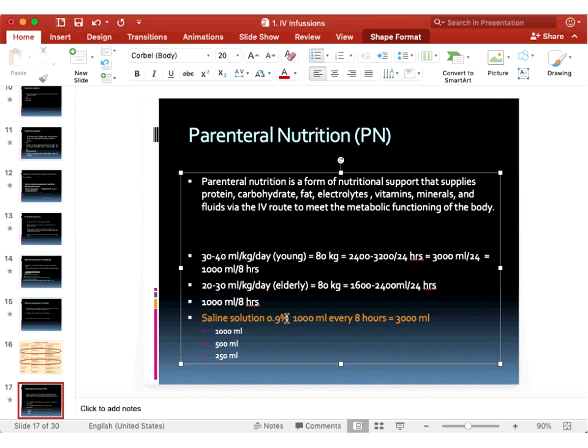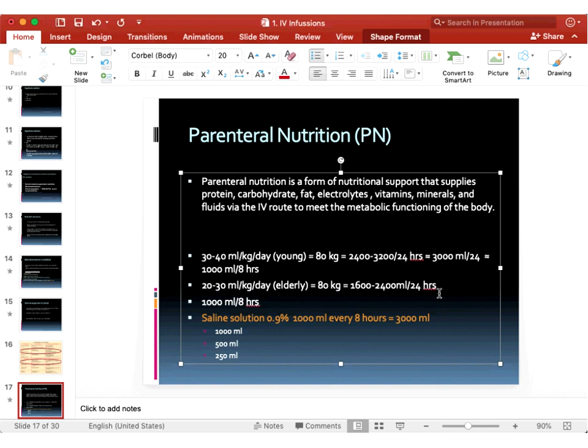So in elderly people, be careful on the amount of volume that you infuse. We calculate this between 20 to 30 milliliters per kilogram per day. Suppose you have an old man that weighs 80 kilograms, and he has to receive in 24 hours between 1,600 and 2,400 milliliters.